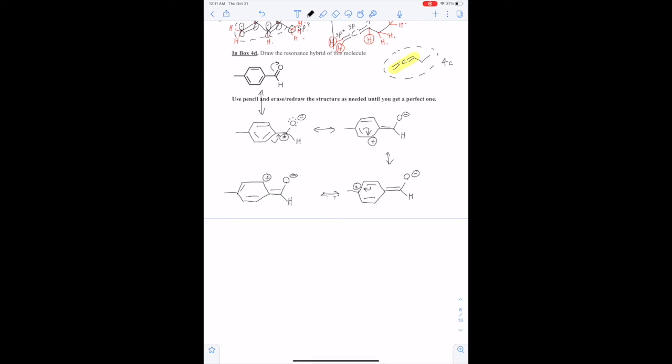Okay, so, and then if we were to just move this here, no, sorry, not there, this here and this down, it would give us the original molecule.